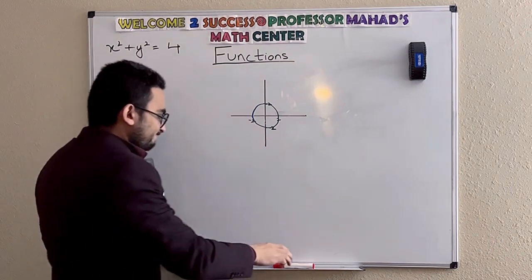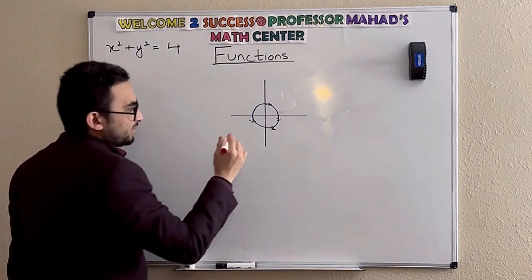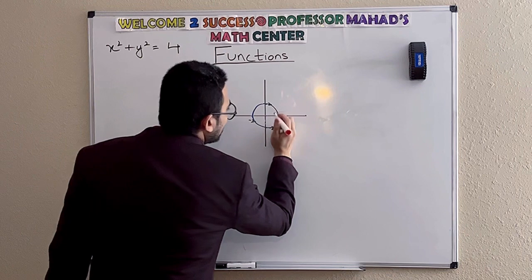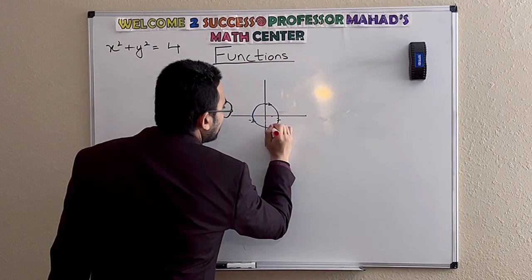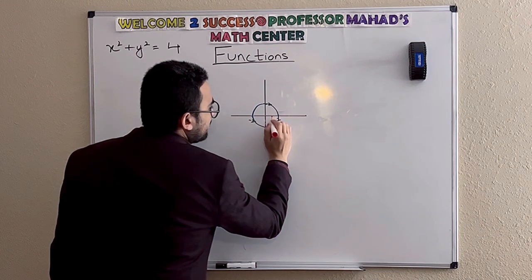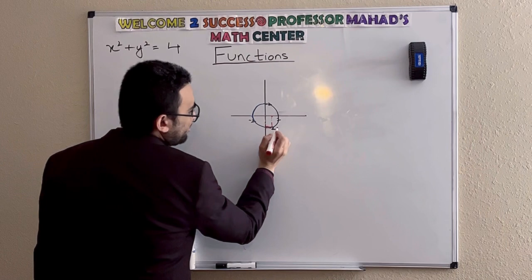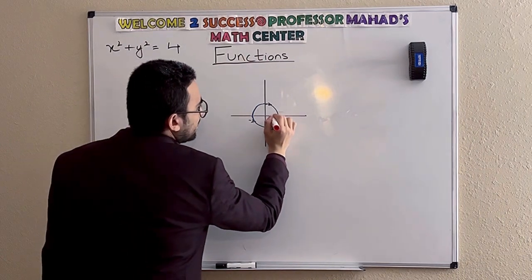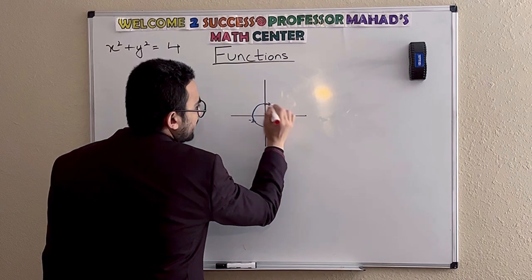Now here's the thing. Let's analyze something. Let's say I take the value of x as 1. You see the value of y is a bit below 2, and then here a bit above -2, right?